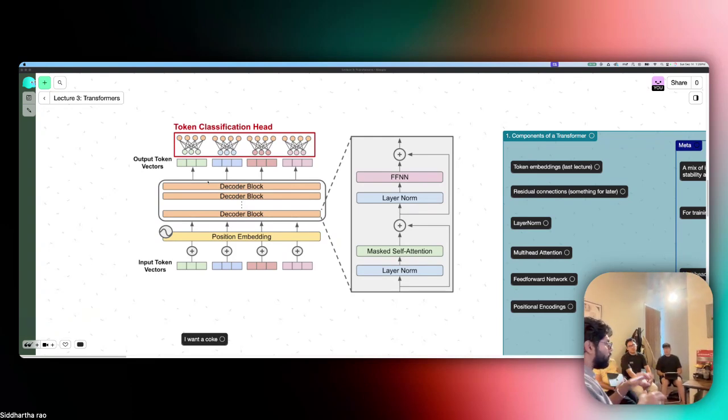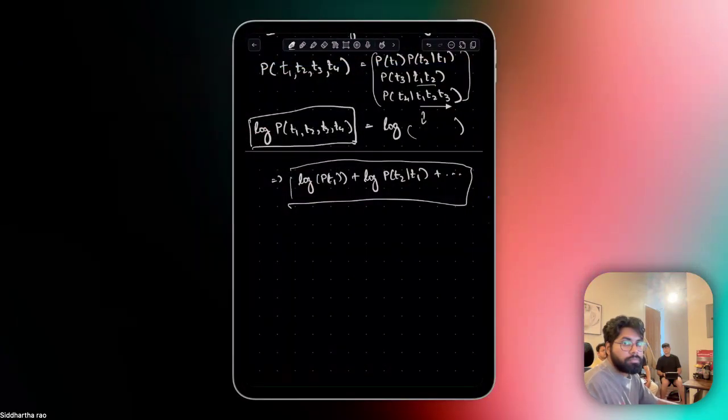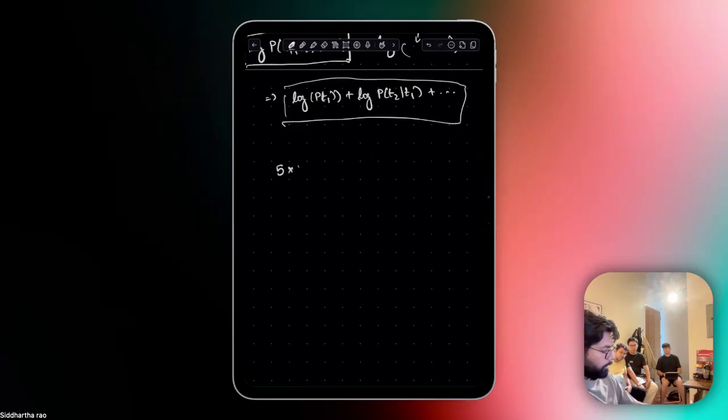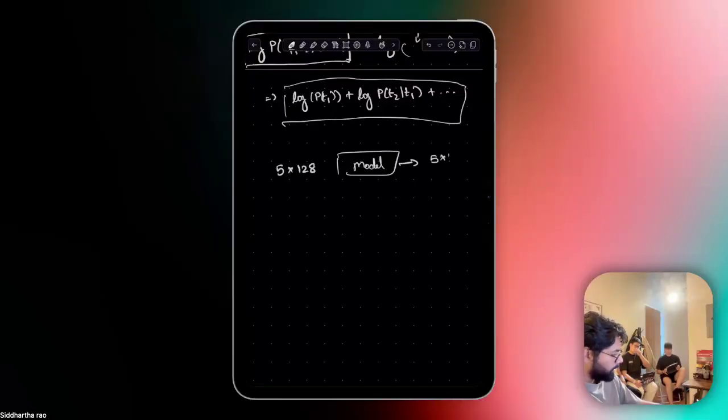And now you want to transform this 128 hidden dimensional space into a probability distribution over the entire vocabulary. Hopefully you can see this. So if your input to the transformer is 5 by 128, then it goes through the model and comes out as a more meaningful representation of the same shape, 5 by 128, 5 rows, 128 columns.